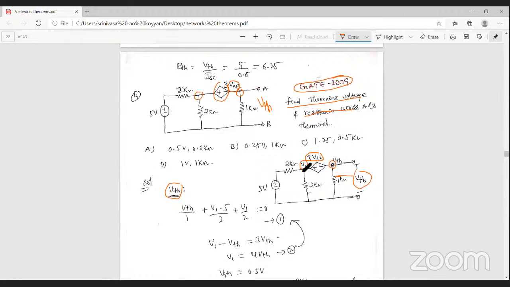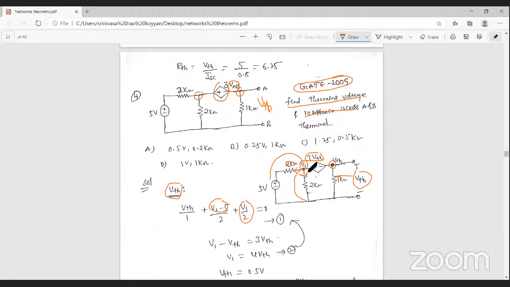If we apply KCL at the super node, let's assume the leaving currents at this node, node V1. So let's assume V1 minus 5 volts by 2 ohm resistance, that is one current. The second current at node V1 is V1 minus ground voltage, V1 minus 0 by 2 kilo ohm, so V1 by 2.